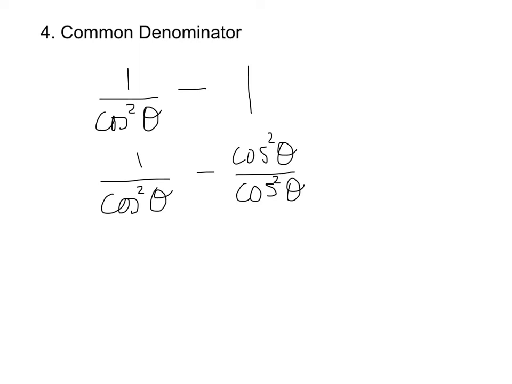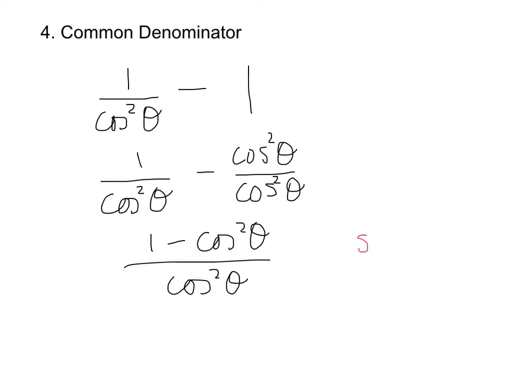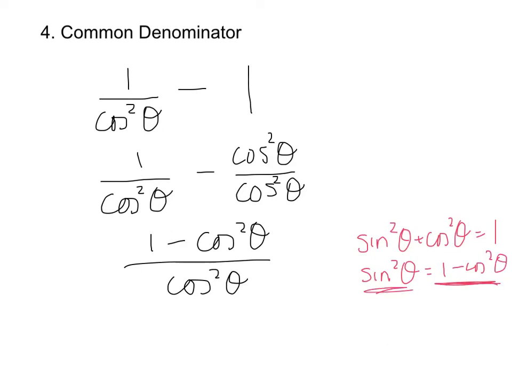If I combine the numerators, I would have 1 minus cosine squared theta over cosine squared theta. Anytime you have a 1 and a cosine or sine squared, it's a Pythagorean identity. This one happens to be sine squared theta plus cosine squared theta equals 1, so sine squared theta is 1 minus cosine squared theta. So where I find this, I can substitute sine squared.